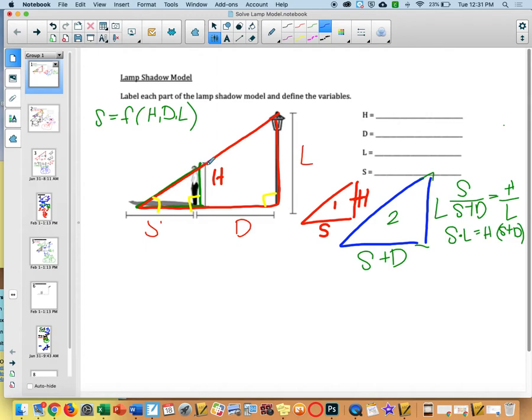We need to add another line segment somewhere that could create a third triangle, and it cannot be using the S, because that's the dilemma. Do you guys and gals have any suggestions of where I could add in another line segment to create a third triangle? Haley.